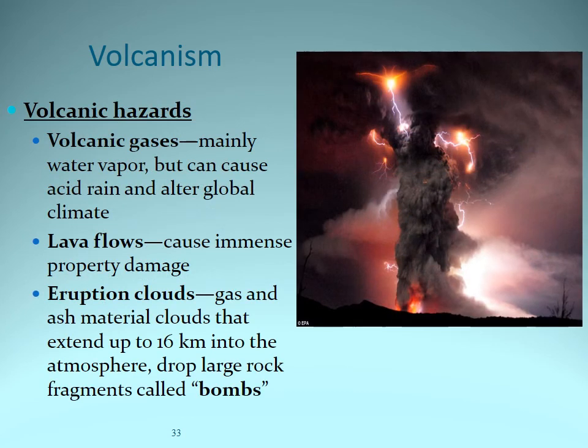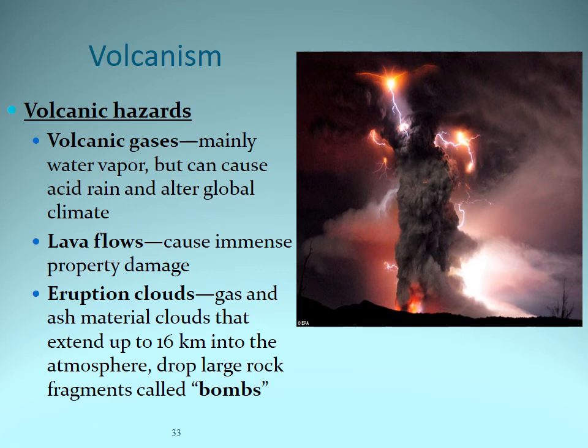So with volcanoes, we have volcanic hazards. Some of the most common volcanic hazards that you might know about are the gases that come out of volcanoes. And these gases may temporarily alter the climate around it, and it's very temporary and very localized. We also have lava that will flow out of these volcanoes, and then probably the most famous type are the eruption clouds.